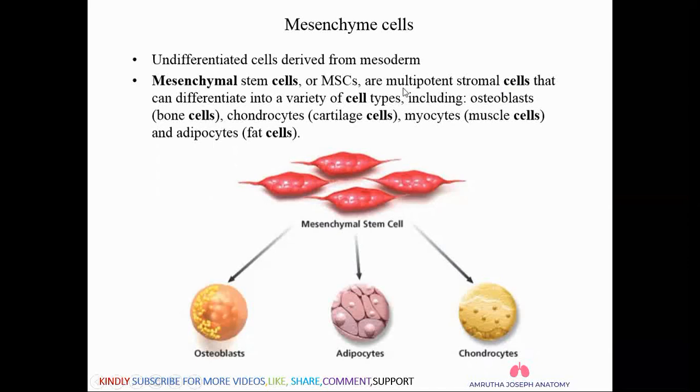Multipotent, in the sense it can give rise to different types of cells, which includes osteoblast that forms the bone cells, chondrocytes that form cartilage cells, myocytes, muscle cells, and adipocytes, fat cells. So these are mesenchymal cells derived from mesoderm.